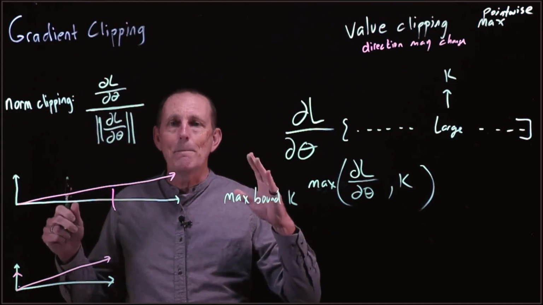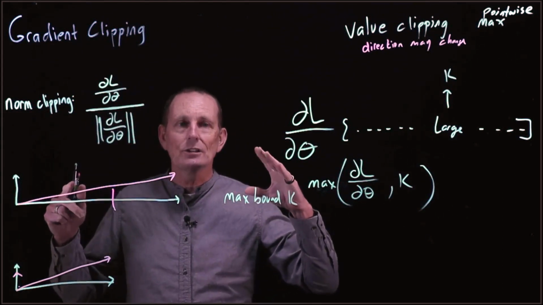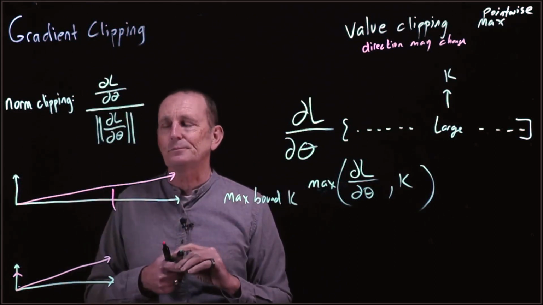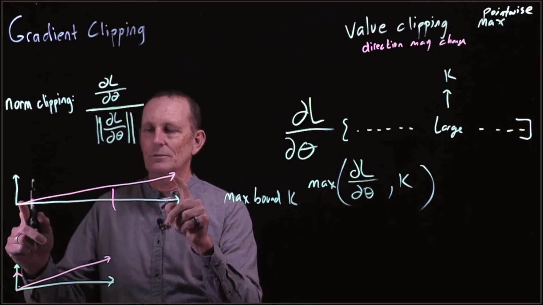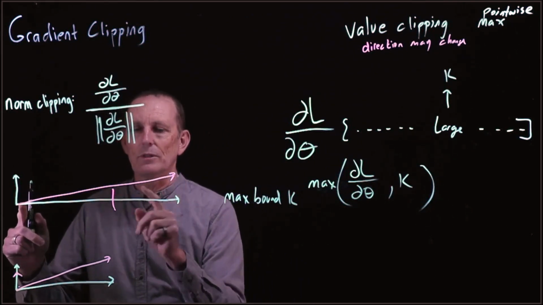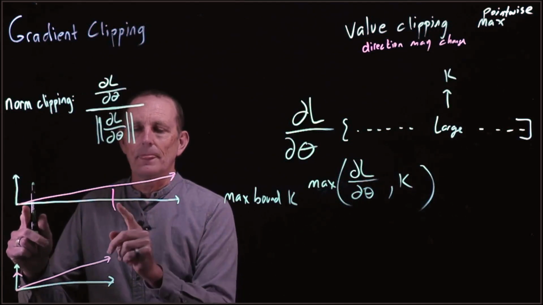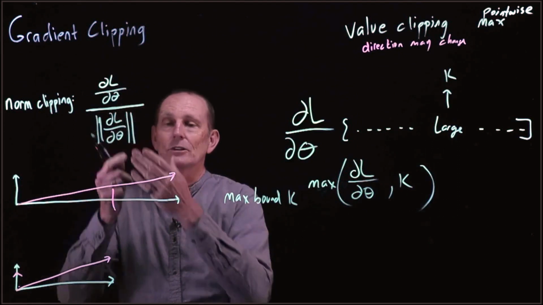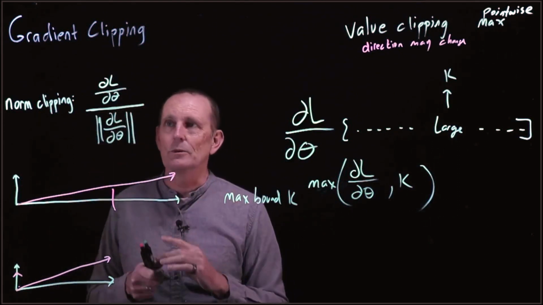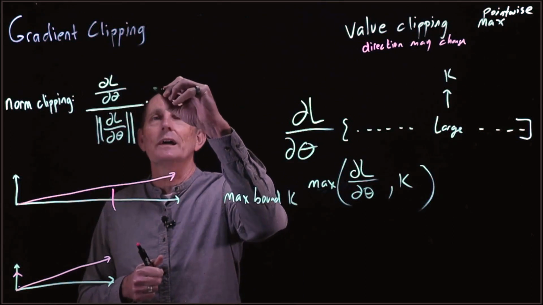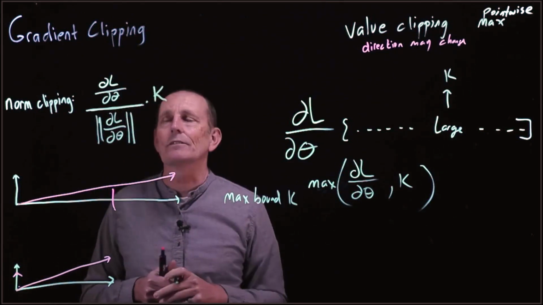So we have maintained our direction, we have just shrunk the length of it. It's as if we took this one here and just shrunk it to here, reducing both this component as well as this component. Normally, of course, we have a lot more components, and we're reducing them all. This is now a unit vector, and we can multiply by our maximum vector length of k.